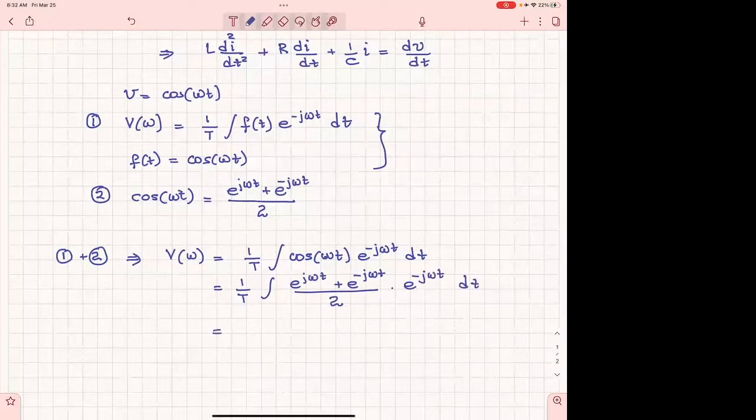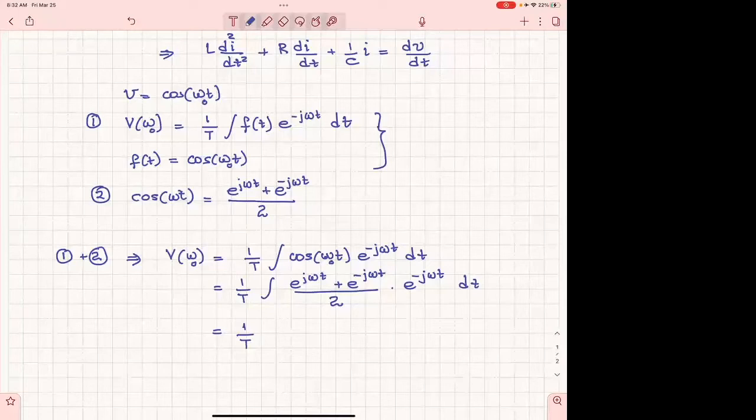And that gives me 1 over T. In fact, here it is omega naught, so I have to make that correction. This is the reason I put omega naught in the cosine: omega is a variable for this transformation, but for us, the excitation has one particular frequency.